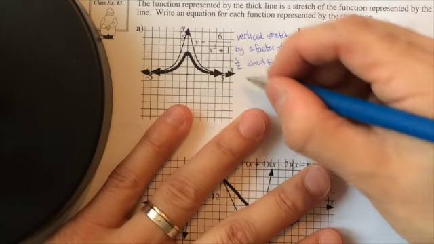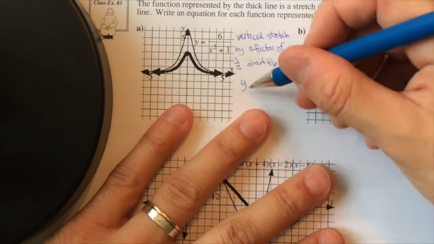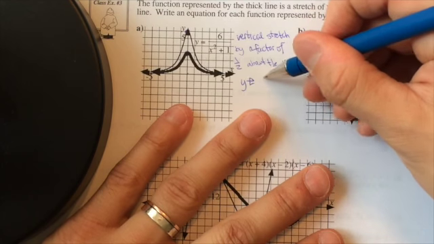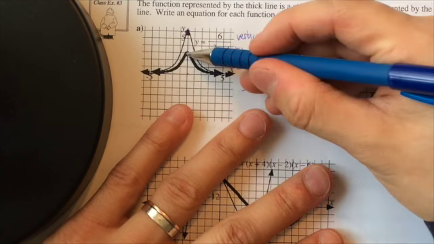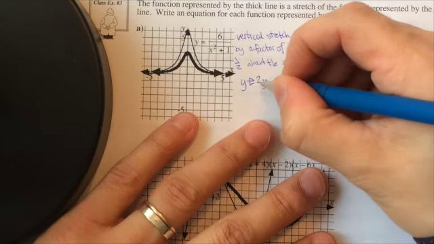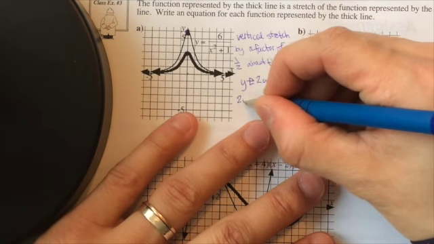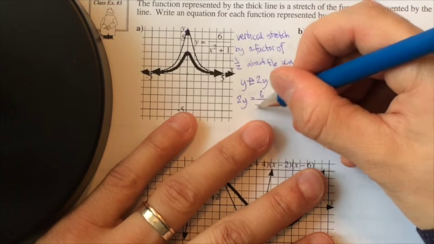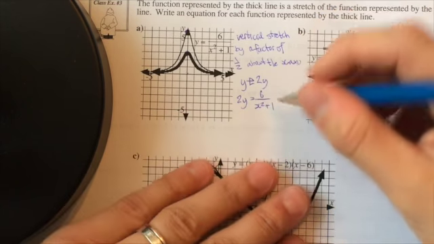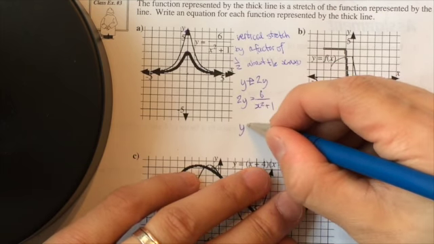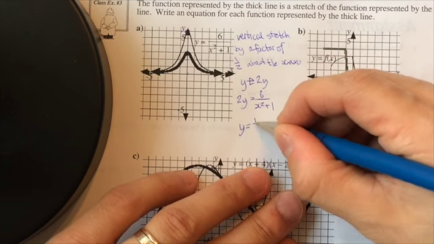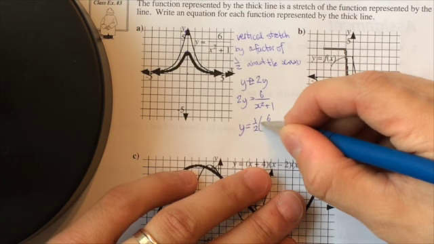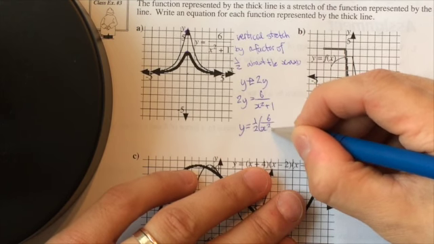Now, if I were to write this as an equation, it's my y values that are actually stretching, so my y would go to 2y. And if I bring this to the other side, 2y is equal to 6 over x squared plus 1. And if I isolate y, y is going to equal 1/2 times 6 over x squared plus 1.